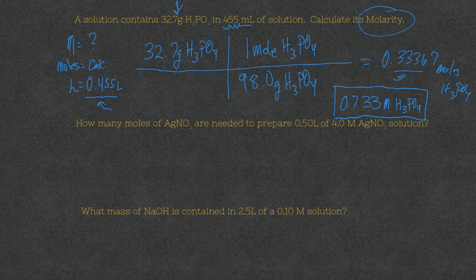The next type of problem you might see is how many moles of silver nitrate are needed to prepare 0.50 liters of 4.0 molar silver nitrate solution. This one is actually pretty straightforward. We could put our organization over to our left, moles equals, and liters equals.